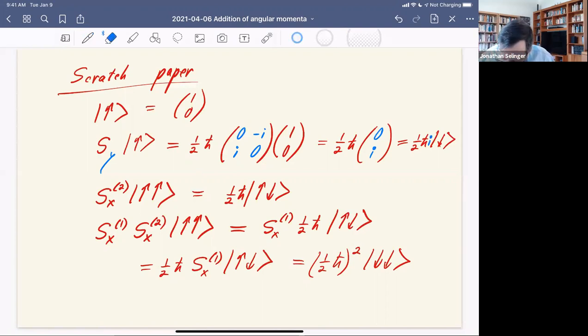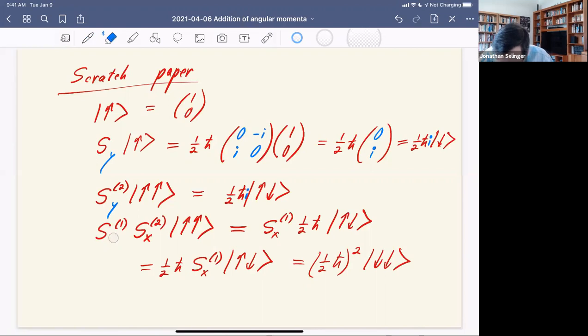So when the Sy2 operator acts on up, up, it gives us a half h bar i times up, down.